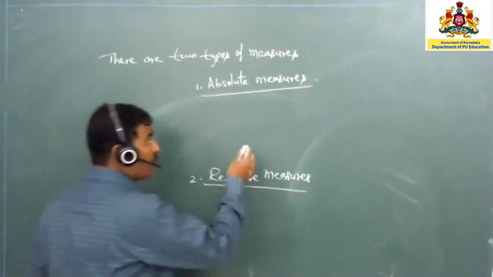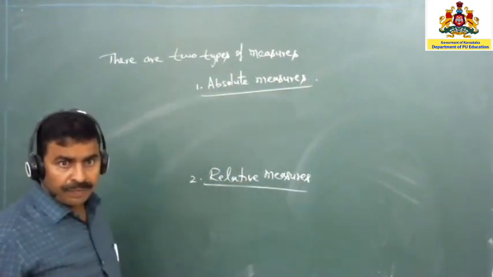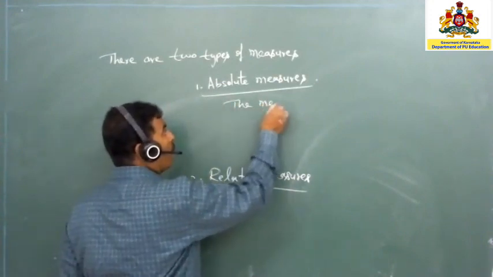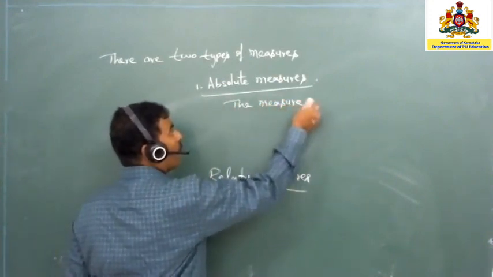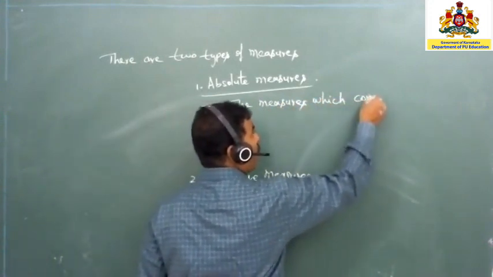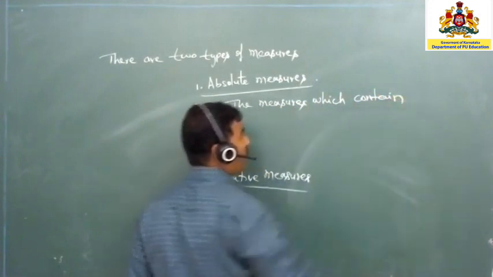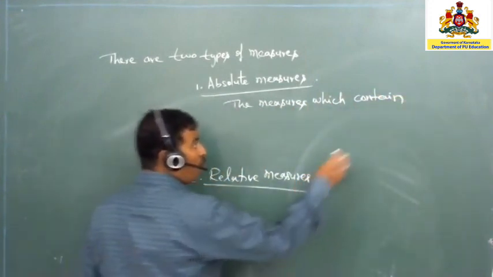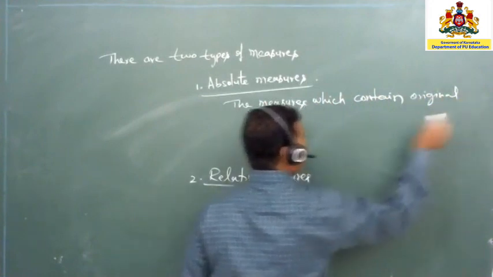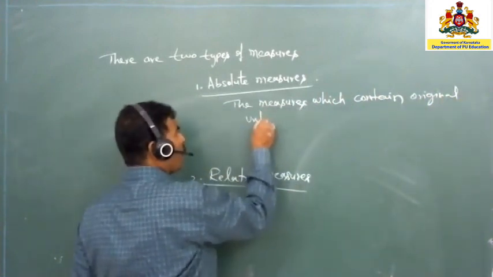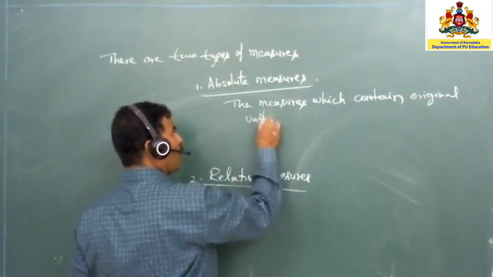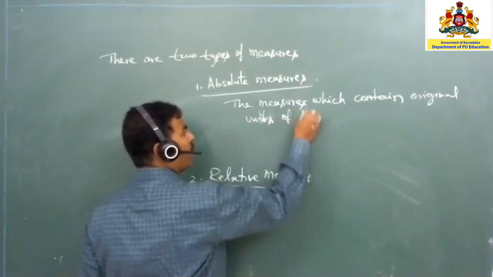Absolute measure means the measures which contain original units of the data.